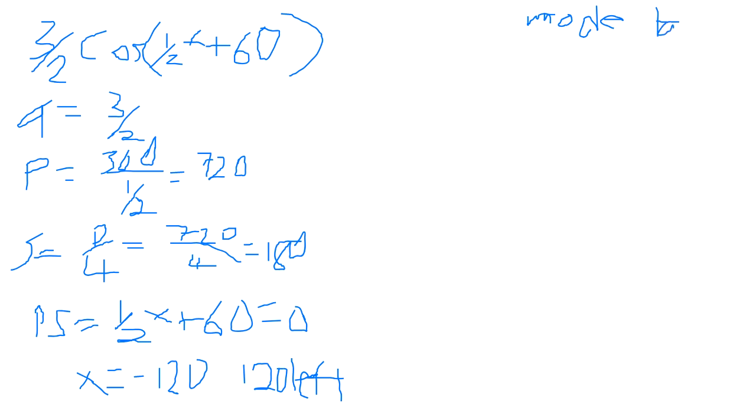Then your f of x will be 3 over 2 cos half x. You don't bring the 60. You don't bring the phase shift. Cos half x.